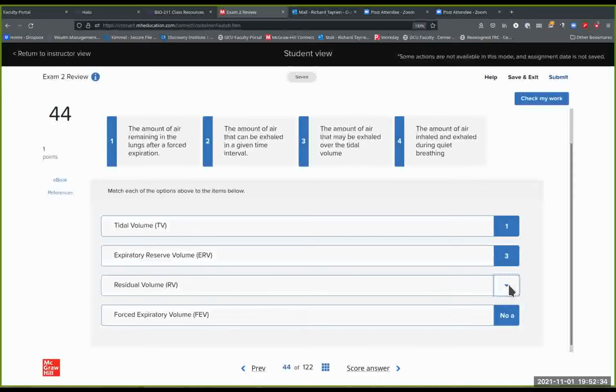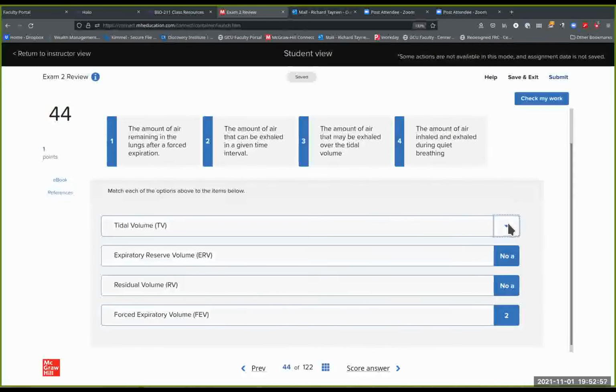I don't know what this thing is doing to me here. Residual volume. Yeah, that's 1. And 1 is, okay.